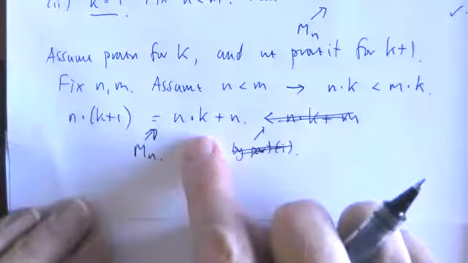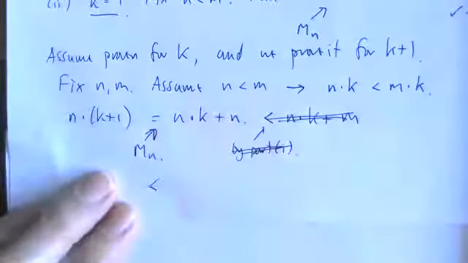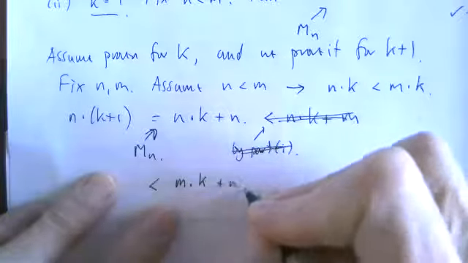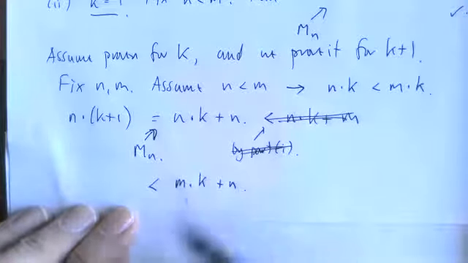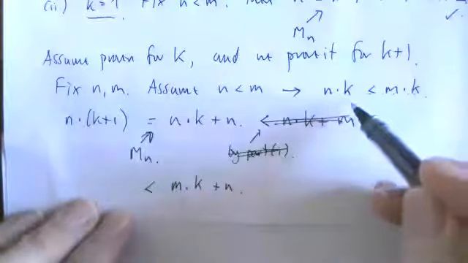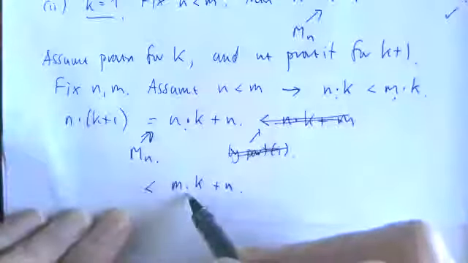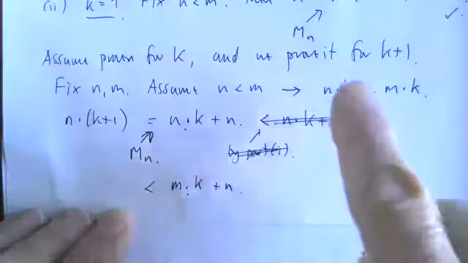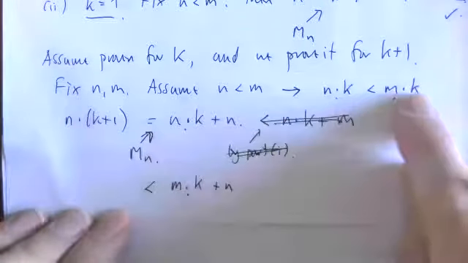I think I'll use the inductive hypothesis next here. Well, I'm using our inductive hypothesis and part one at the same time. By assumption, this is less than this here. And by part one, if I add n onto this, it's going to be less than n added onto this.